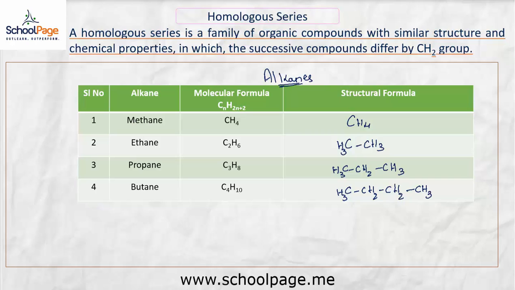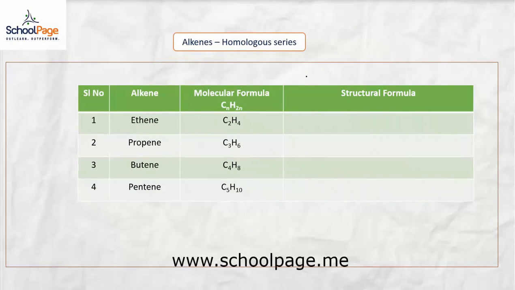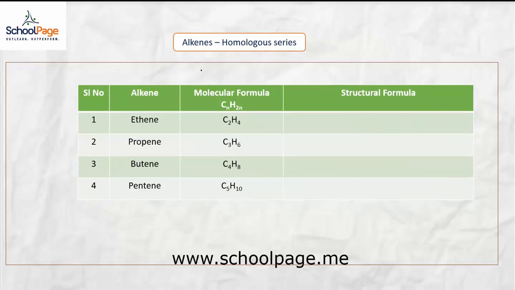Let's move on to the homologous series of alkenes. Given in the table are the different compounds of alkenes. The alkene series starts with ethene, followed by propene, butene, pentene and others. Now let's write the structural formula for ethene. So as we can see, there are 2 carbon atoms and 4 hydrogen atoms. So the condensed structural formula for this compound will be CH2 double bond CH2.